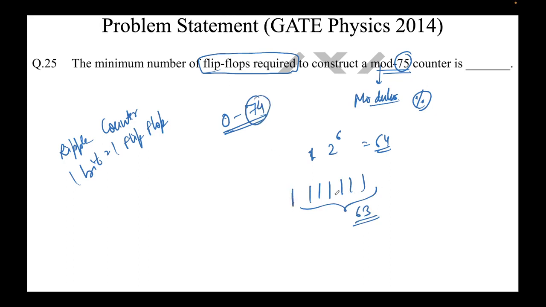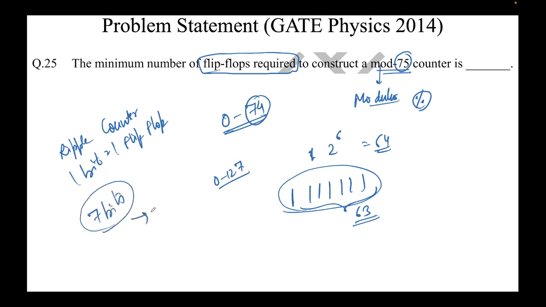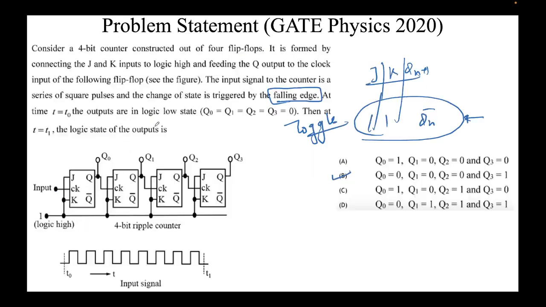If we use 7 bits, then we can count from 0 to 127. But we need to count only to 74, so that's fine. We'll stop at 74. But we require at least 7 bits for the decimal number 74. Now each bit corresponds to one flip-flop. I told you one bit is equal to one flip-flop, and we saw that in this example.